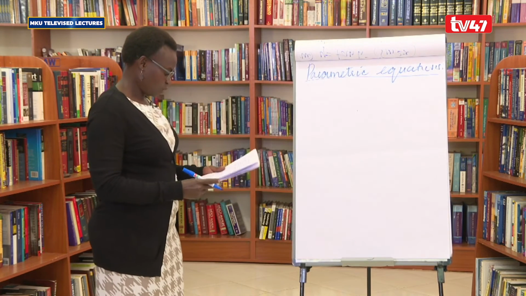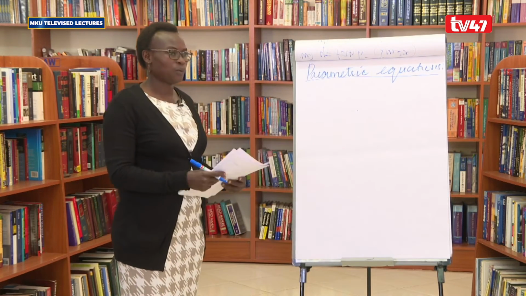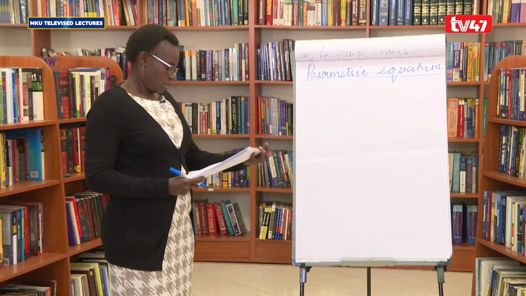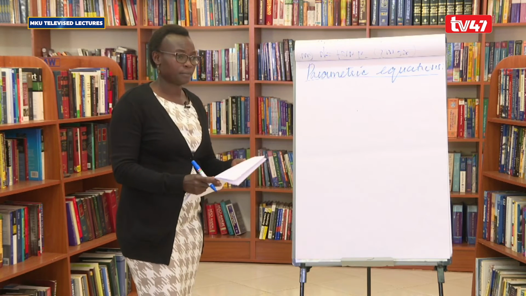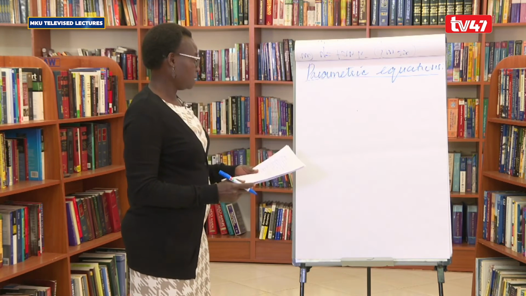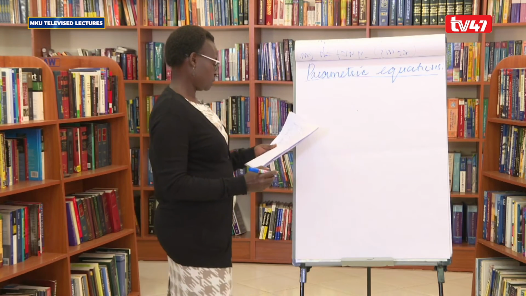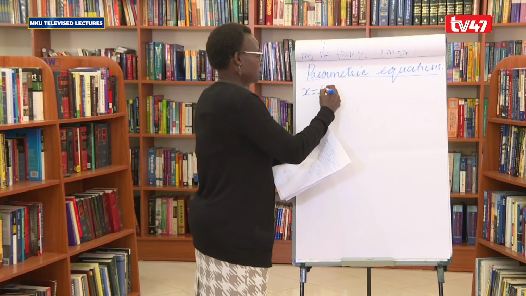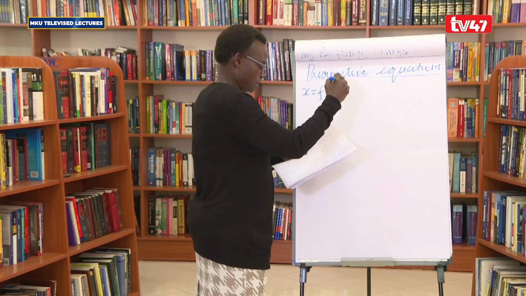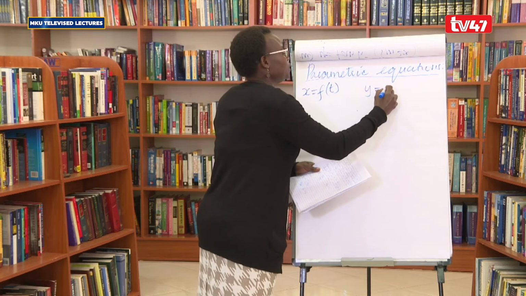So parametric equations, where we are talking about a smooth curve, probably we can title it C. And expressions for this smooth curve: x is equal to f of t and y is g of t.